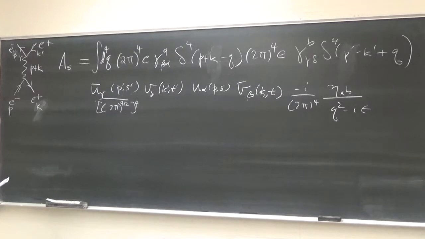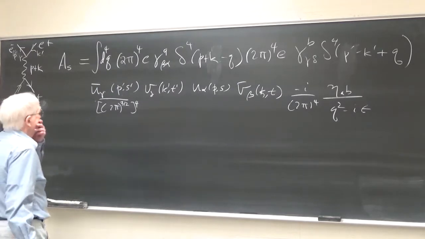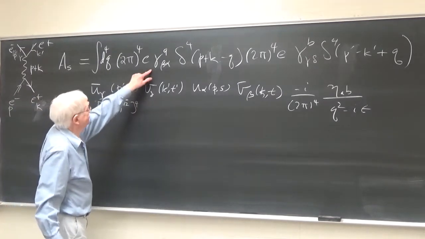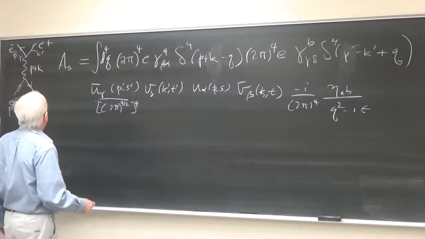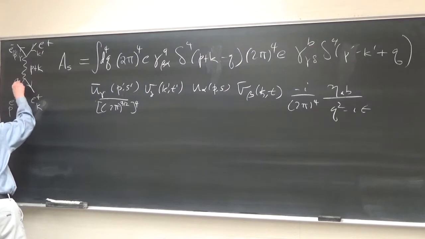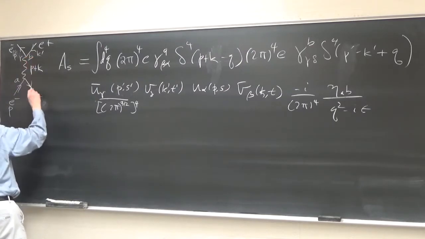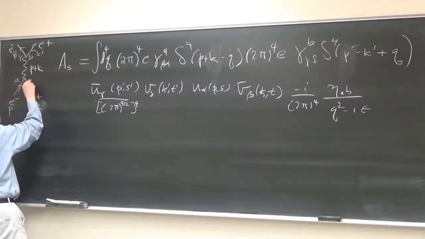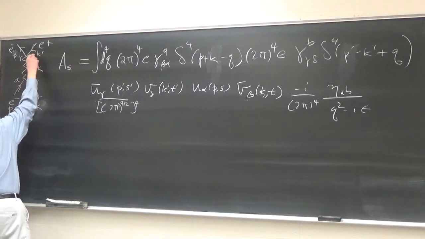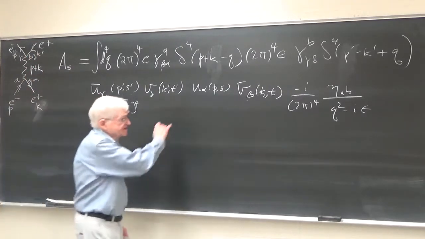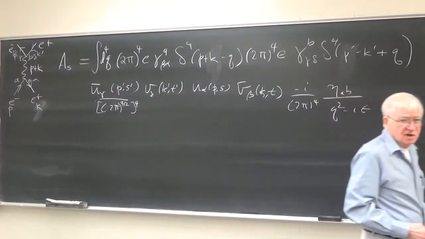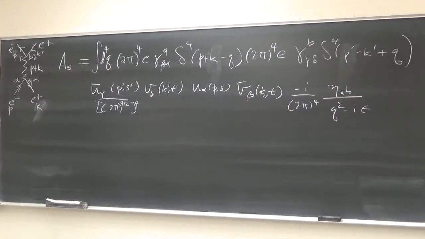So the gammas are associated with the vertices, and this is vertex A, this is vertex B, so we have here beta alpha, and here we have gamma delta, and so this is a consistent implementation of the Feynman rules for the direct process.